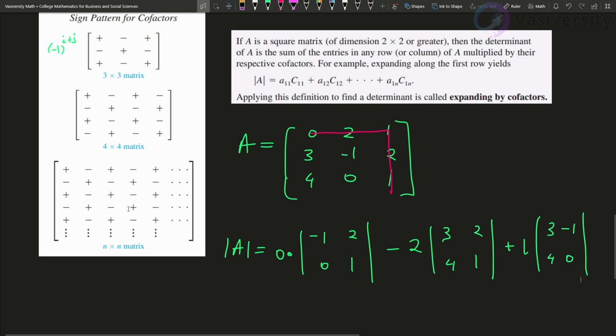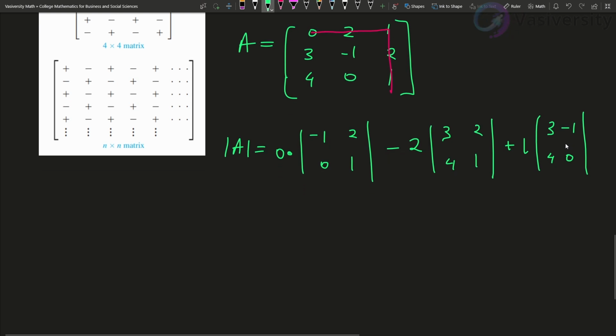Now we're computing essentially a 2 by 2 determinant, which is much easier than a 3 by 3. The same thing would apply to a 4 by 4: we would reduce it to a 3 by 3, and then from 3 by 3, we'll reduce it to 2 by 2. So for A, the first one is 0, minus 2 times, 3 times 1 is 3, minus 8, that's negative 5, plus 1 times 3 times 0 is 0, minus negative 4, so that's plus 4.